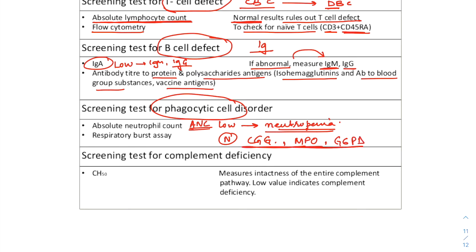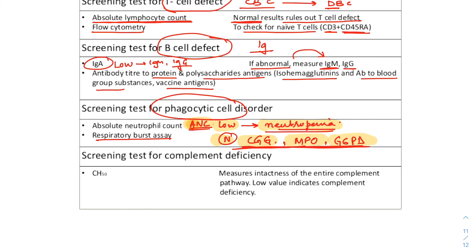So in these we have to check the respiratory burst, and the respiratory burst assay is done where the ANC count is normal while the respiratory burst is defective. So the ANC will be low in neutropenias like severe congenital neutropenia or cyclic neutropenia, while it will be normal in chronic granulomatous disease, myeloperoxidase deficiency, and G6PD deficiency.